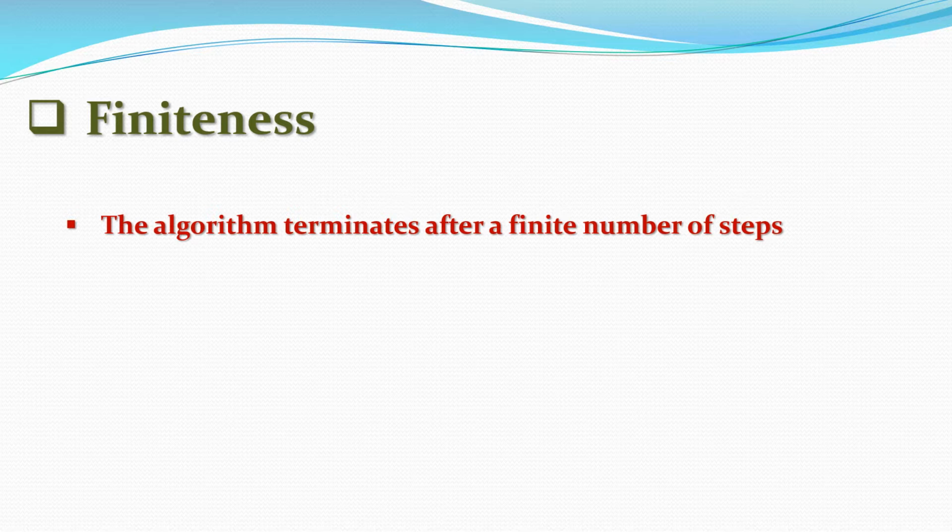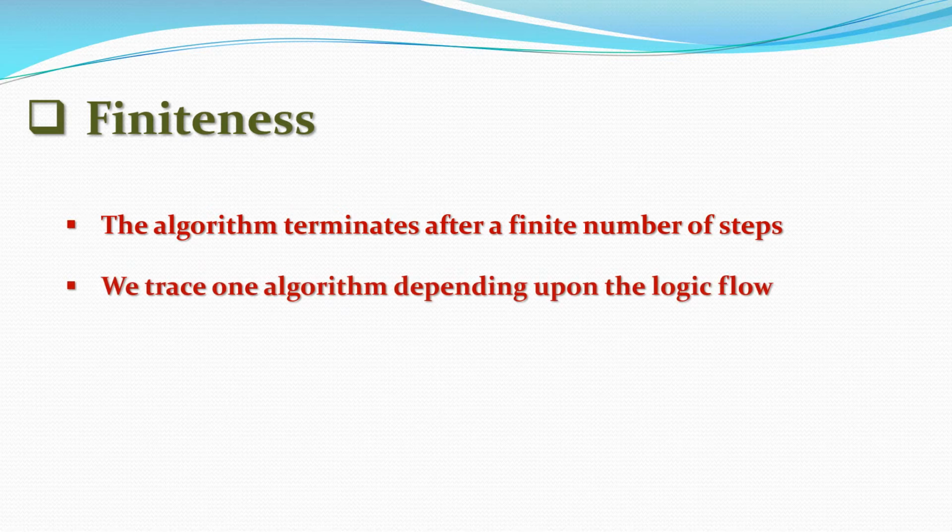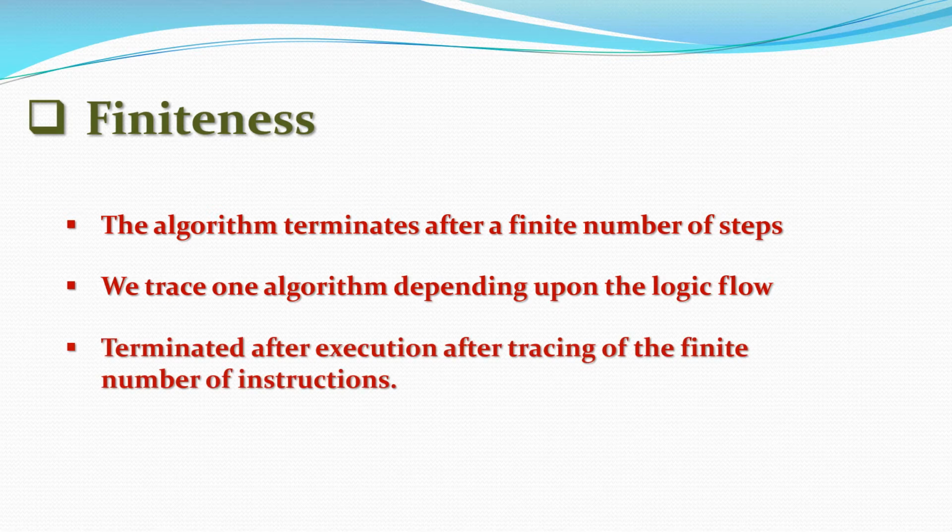So, that is known as finiteness. That means, if we trace one algorithm, depending upon the logic flow, we can find that the algorithm terminates after tracing a finite number of instructions.